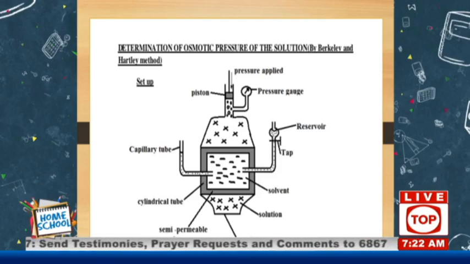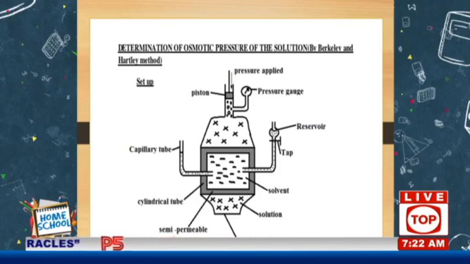And you can see pressure is coming from the top, meeting the solution first, so it is pressing both, okay? The pressure exerted should not exceed the limit. If it exceeds the limit, that means it will go into reverse osmosis.